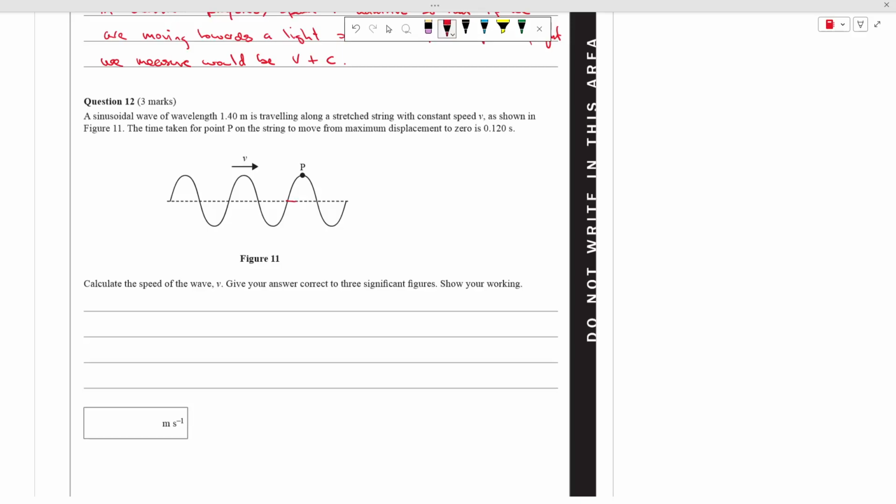This part of the wave would move to here in that time, and this P would fall down to meet that point, and that's how the wave sort of propagates. So it's basically the wave has moved a quarter of a wavelength in that time. So a quarter of a wavelength is a quarter of 1.4.